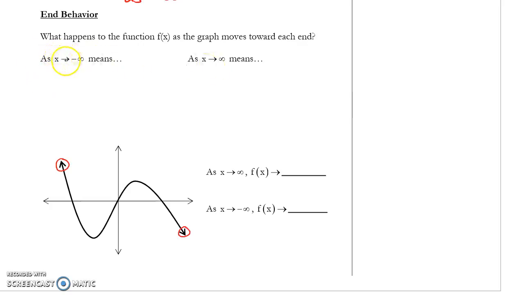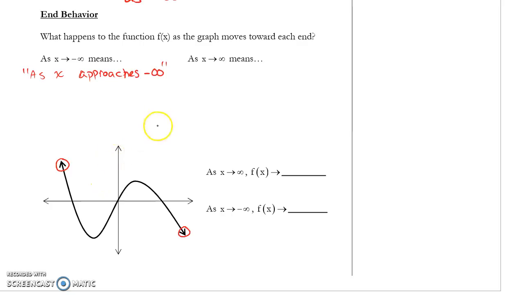As x arrow negative infinity, we would read this as saying, as x approaches negative infinity. Well, what does that mean?